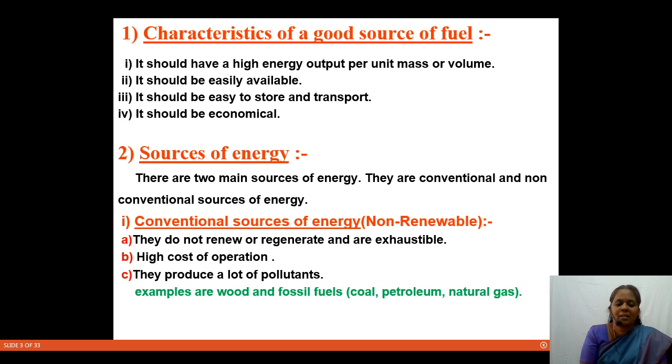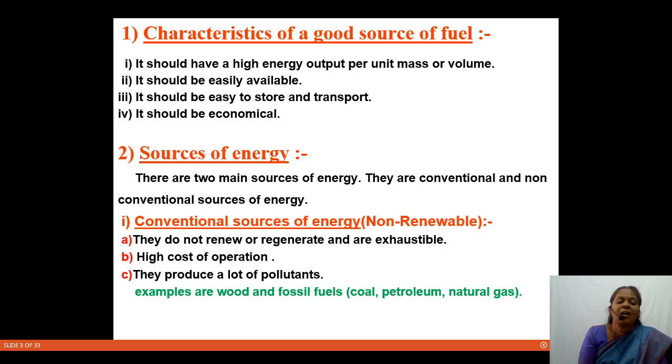First, conventional source of energy, that is non-renewable. What does it mean? This type of source of energy does not renew or regenerate and is exhaustible. Once we use it, we will not get it back again.